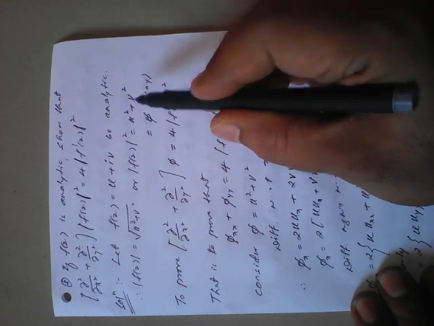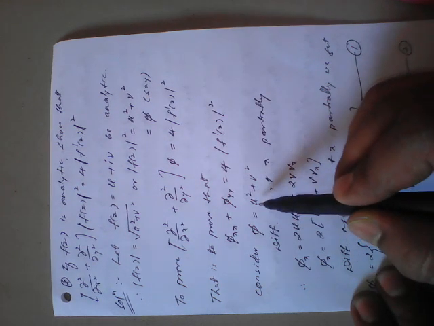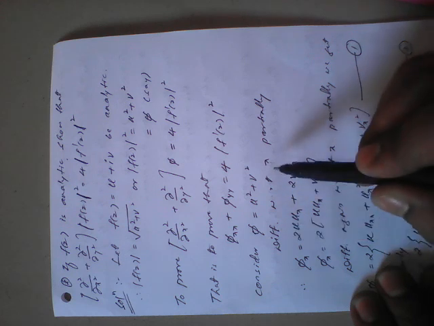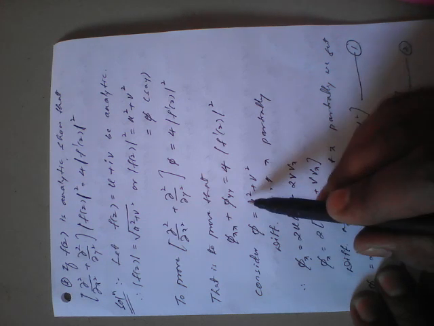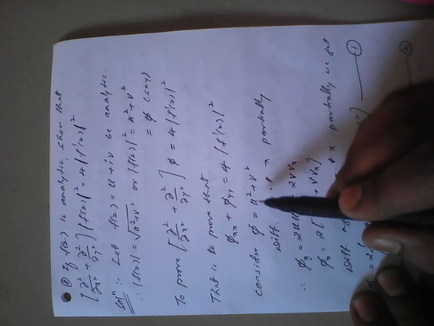Next, coming to the solution of this further, we have considered phi as u square plus v square. We will differentiate this partially with respect to x.